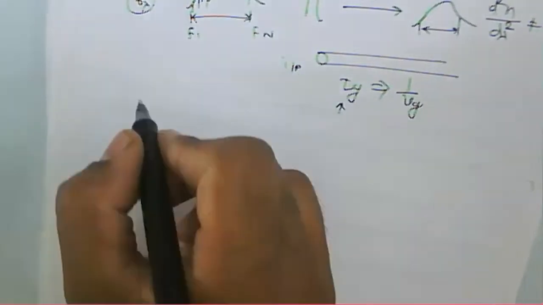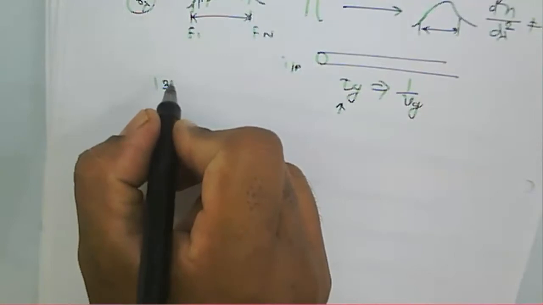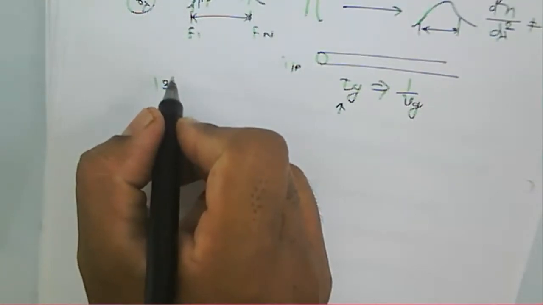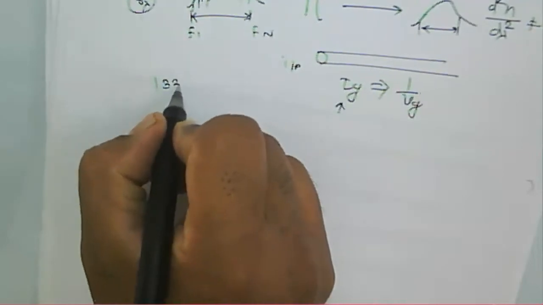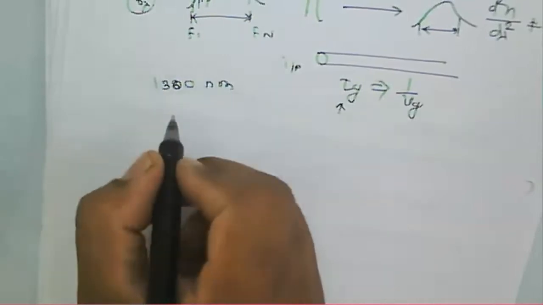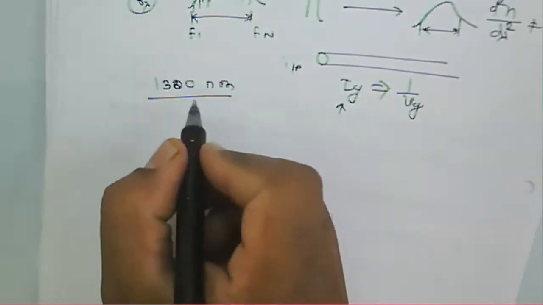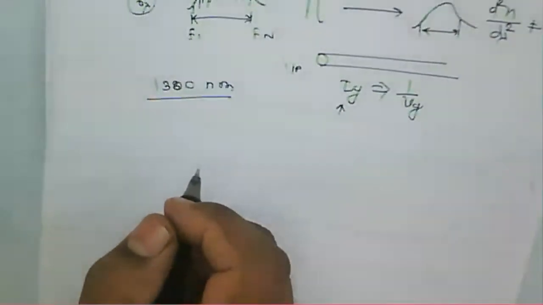And if we use a pure silica fiber, then at a wavelength of 1300 nanometers, if we have a source of 1300 nanometer wavelength, this intramodal dispersion will be zero here.